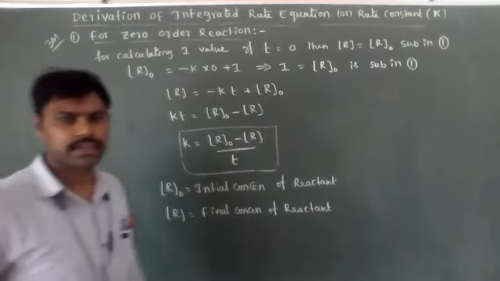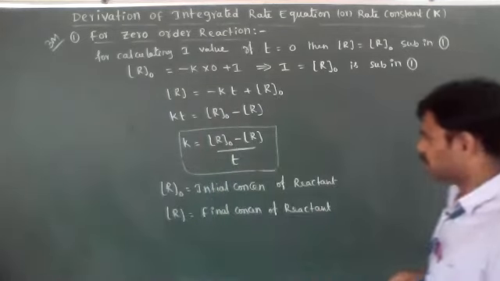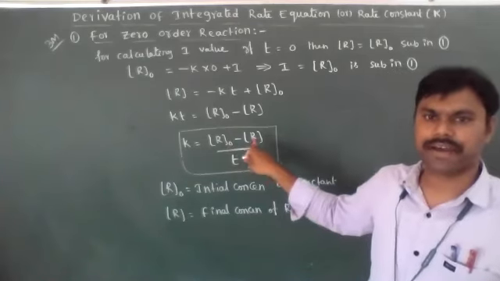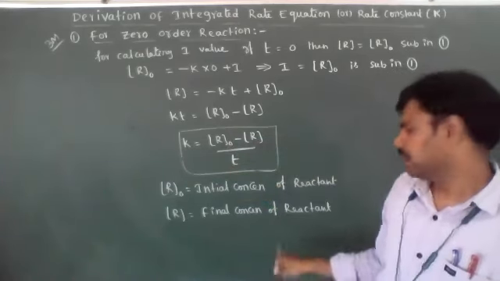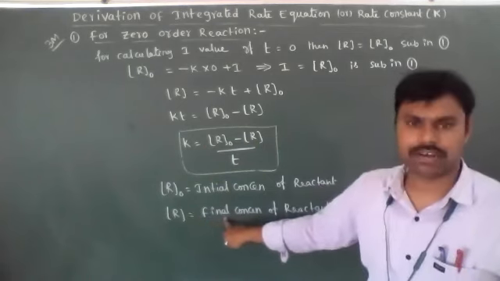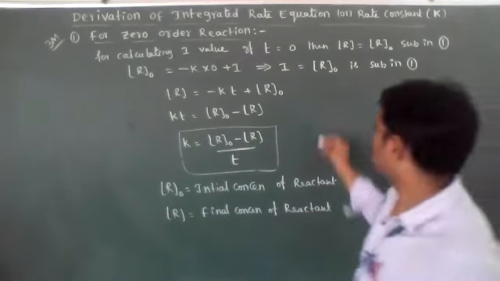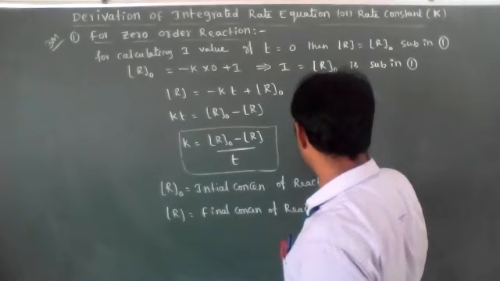Then K is equal to R0 minus R by t. At time t, the final concentration of reactant is R. So just consider this as method 2.